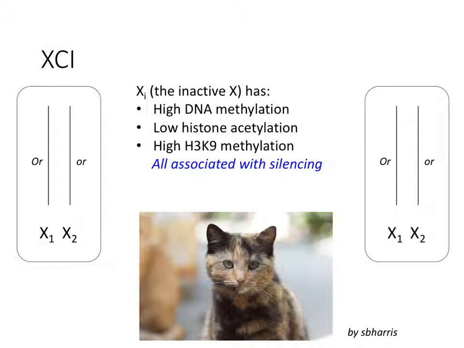And the critical point on this slide is simply this: high histone methylation and DNA methylation also associated with the X chromosome. So methylation, hopefully you will remember this, is usually associated with silencing or inactivation, heterochromatin.